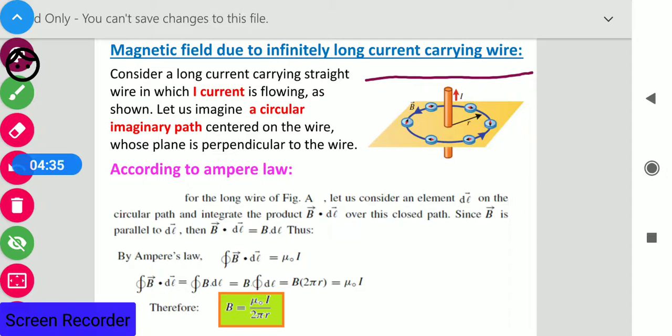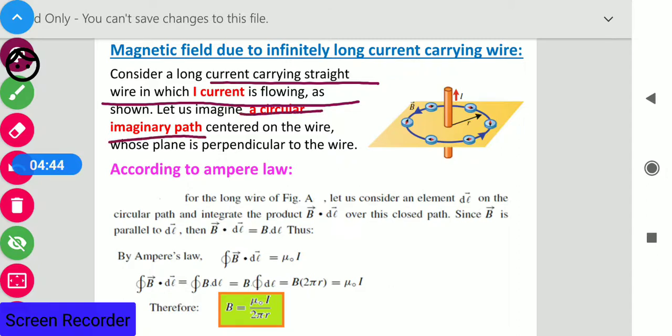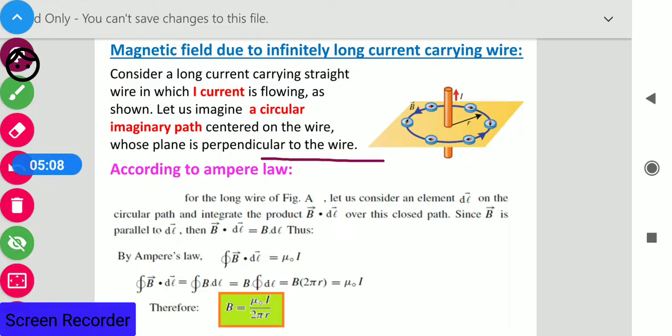Consider a current carrying straight wire in which current I is flowing as shown in the figure. Let us consider a circular imaginary path. The circular imaginary path is the Amperian circular loop, just like the Gaussian surface in the electrostatics chapter.